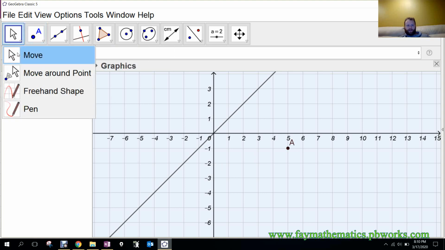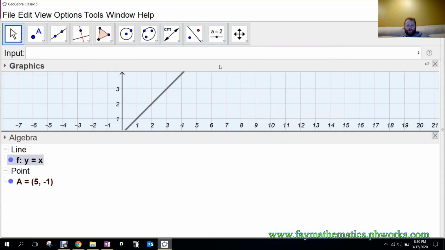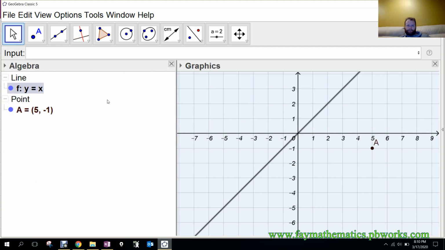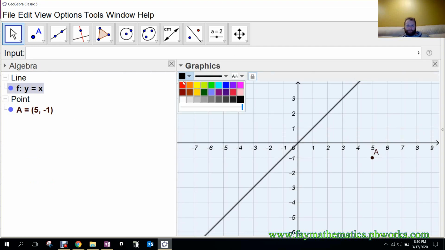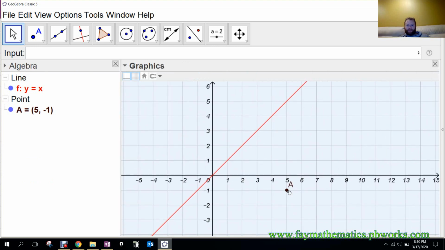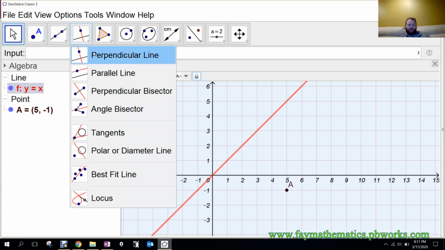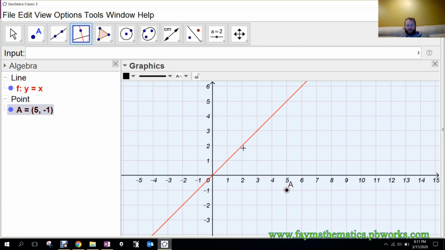If I want to reflect across that line, we want the distance from this point to that line to stay the same. How do we measure distance from that point to that line? We do it with perpendicular segments. So I'm going to draw a line from here, perpendicular to there.